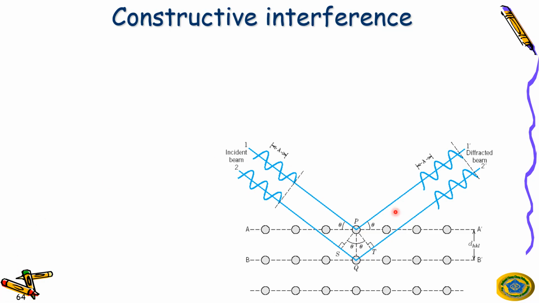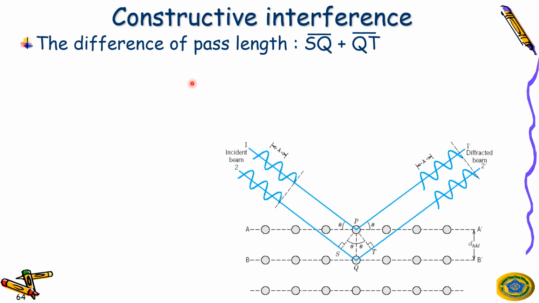So let's take a look at case 1, constructive interference. If this is constructive interference, what happened? The difference between these two beams is only the difference of the path length, which is this one and this one, SQ here and QT here.